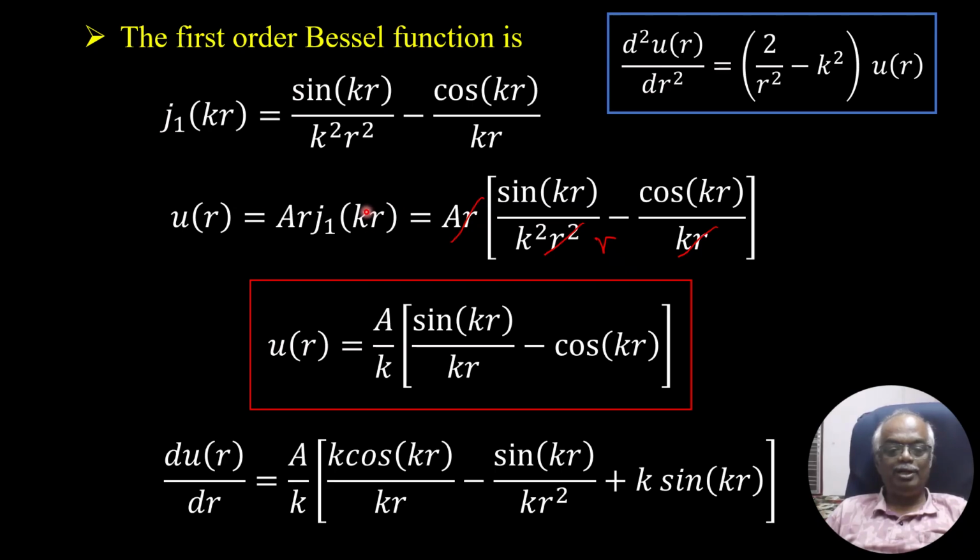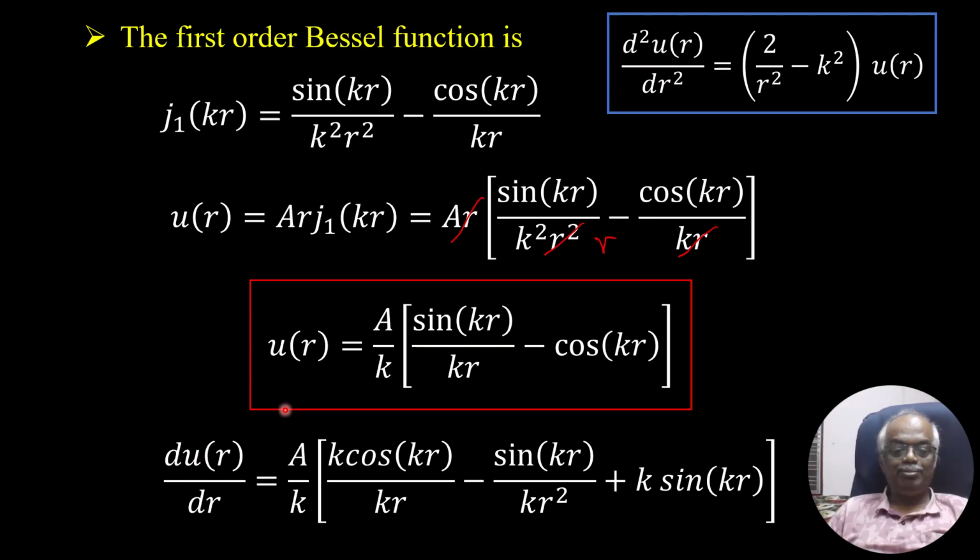So Griffith has taken l equal to 1 as the simplest case. So for l equal to 1 and for a free particle, u of r is this one. Now our task is to find whether this satisfies this radial equation.